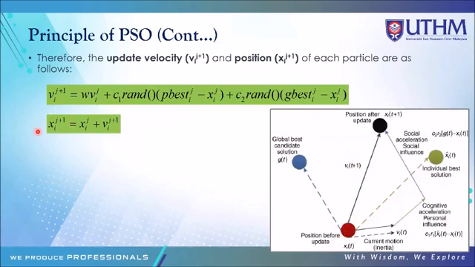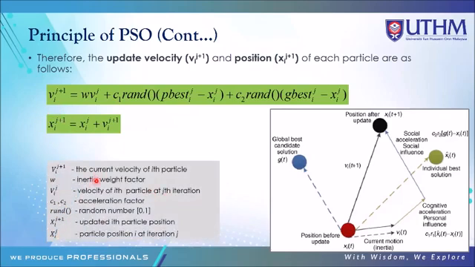This is the next position of the particle, and this is the current position of the particle, so it moves according to the velocity. This velocity is influenced by the personal best position and the global best position. This is the mathematical equation of velocity, and this one is the updated position of the particle.